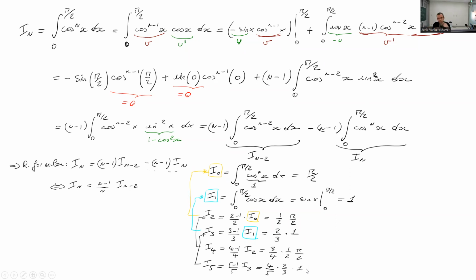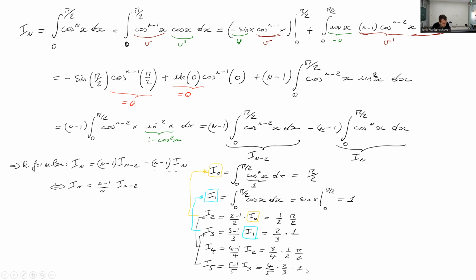But what I can do is recursively: to compute I7, I can compute I5. To compute I5, I can compute I3. To compute I3, I can compute I1. And so I can use all of those partial results to get I_n for whatever value of n that I care about.